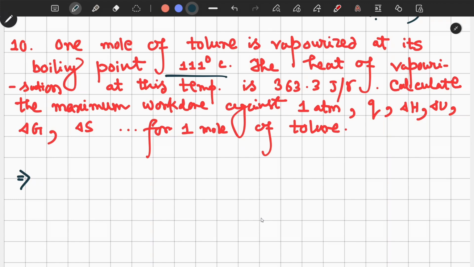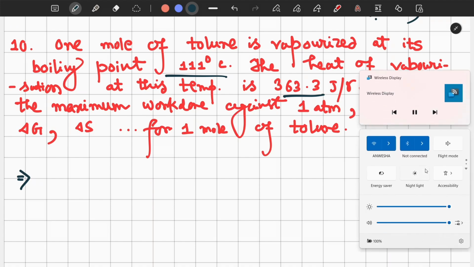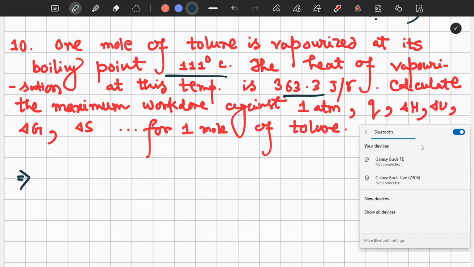The heat of vaporization at this temperature is given. So let me consider enthalpy the same as the heat of vaporization. Why? I learned in college that for a phase change, delta H is the same as the heat of vaporization.